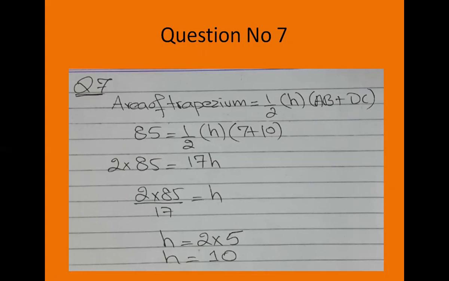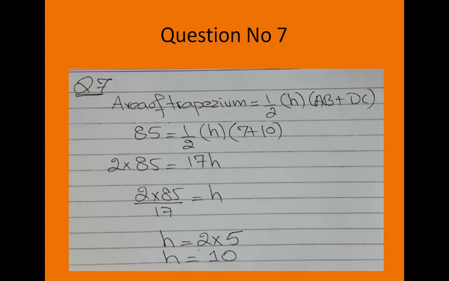The area is given in the question, and it is 85 centimeters square. So I wrote here 85 equals 1/2 into the height, the perpendicular distance between the two parallel sides is h, and that's the question.